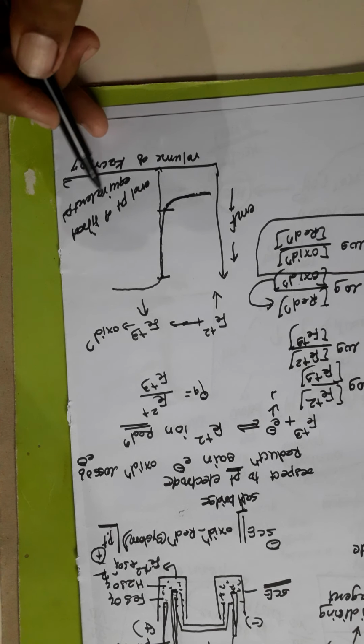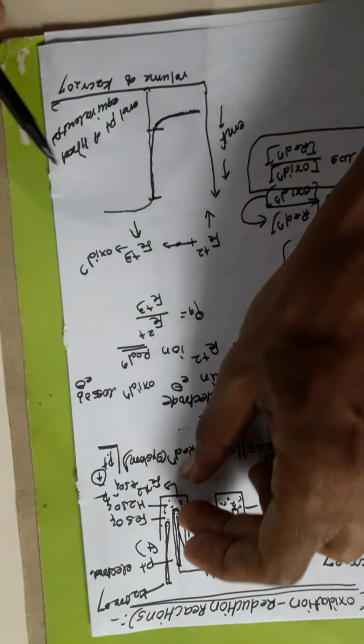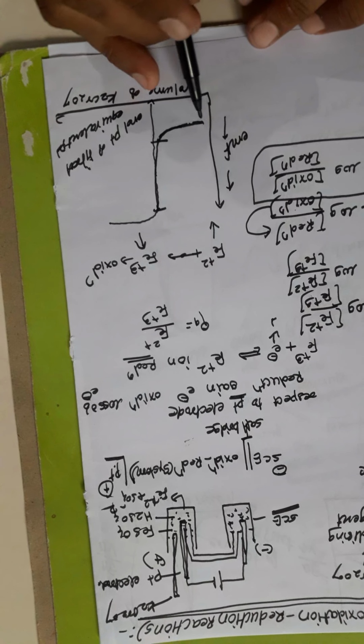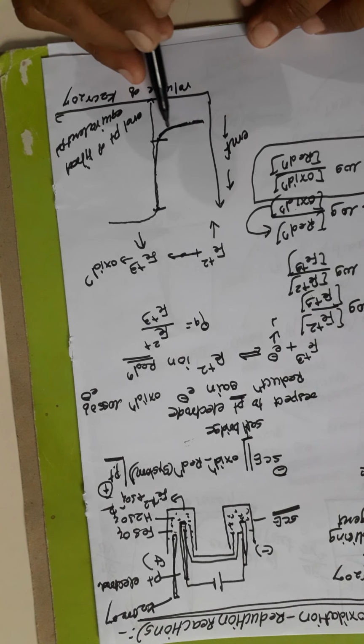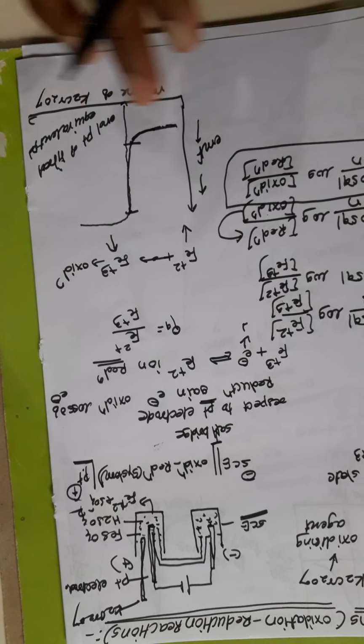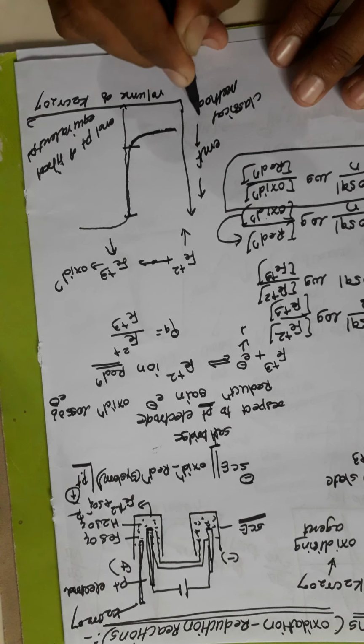Whenever K2Cr2O7 is added, Fe2+ ions are converted into Fe3+ ions, so in this beaker Fe2+ ions decrease and Fe3+ ions increase. As the concentration of ions increases, the EMF also increases. This is the classical method to determine the end point of titration.